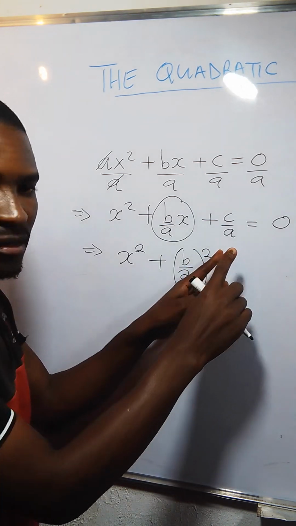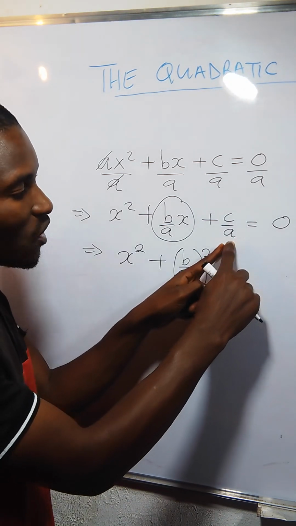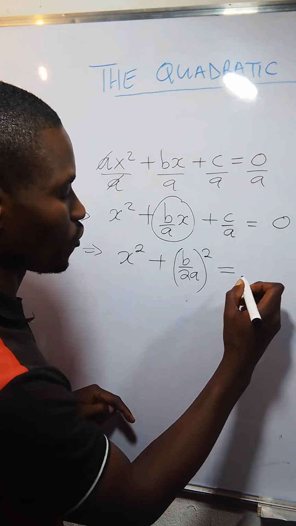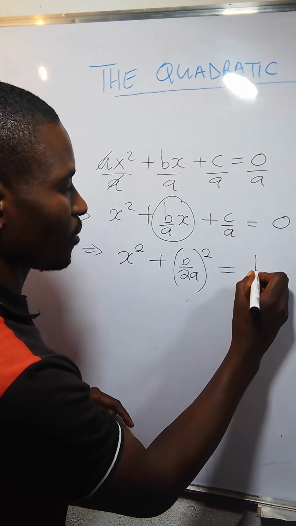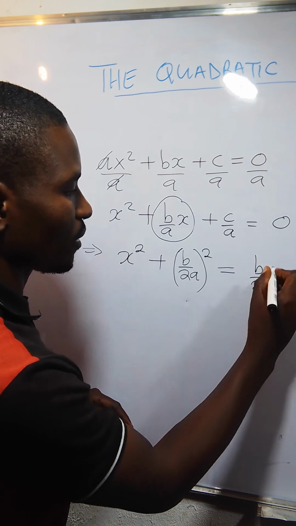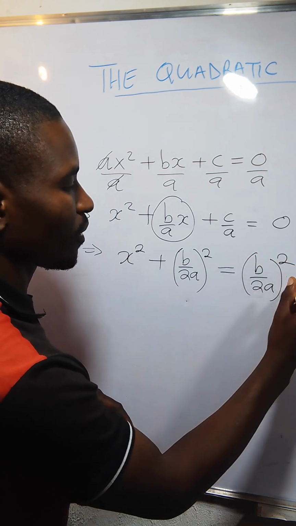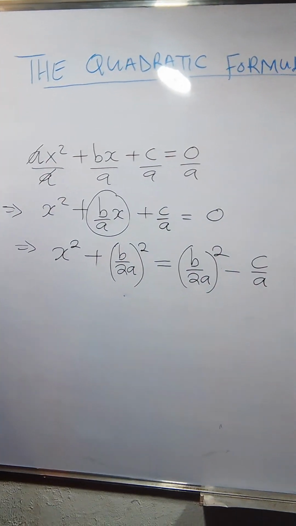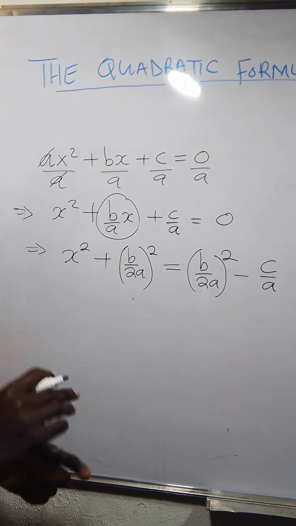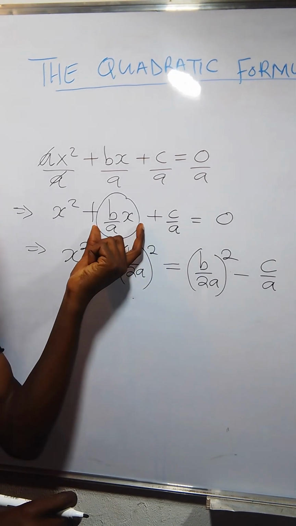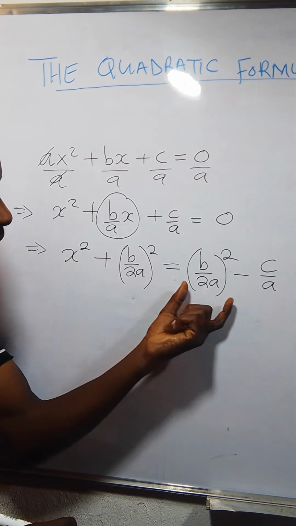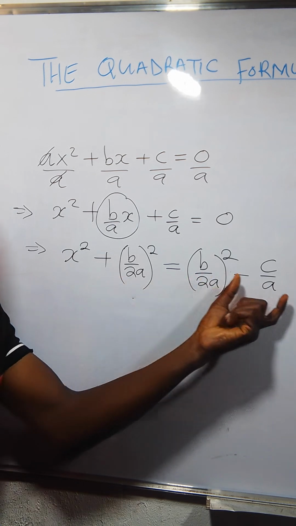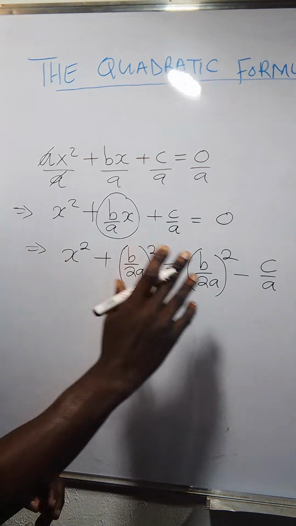And then I'm going to get this c over a to the other side of the equation, so this is just going to be b over 2a squared minus c over a. So half of this one, you add it to both sides of the equation. So this and that is added to both sides of the equation. So what's going to happen now?